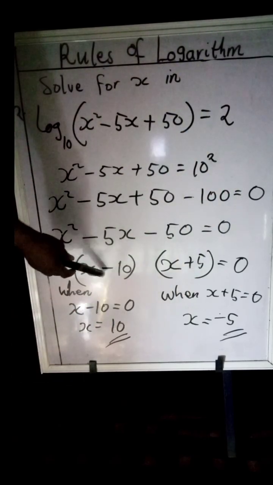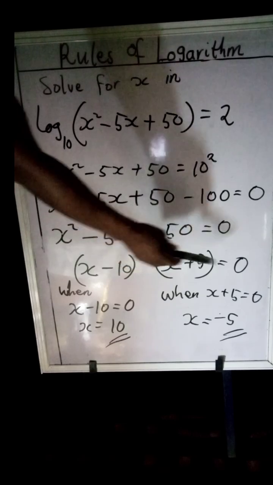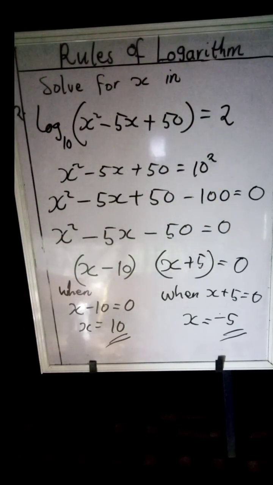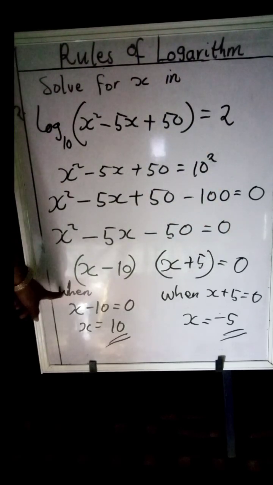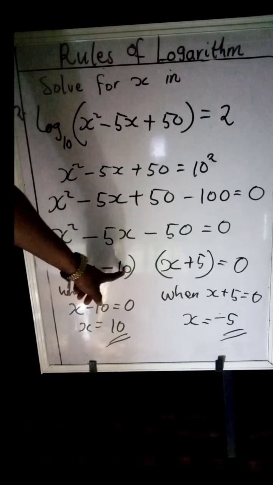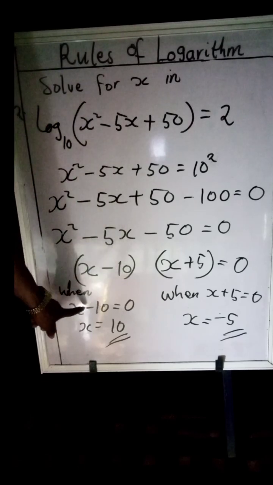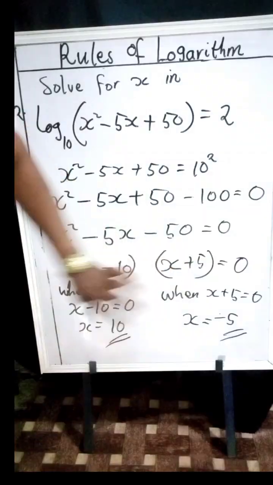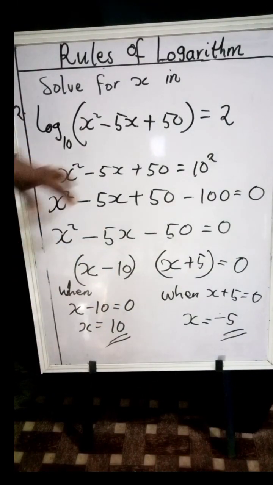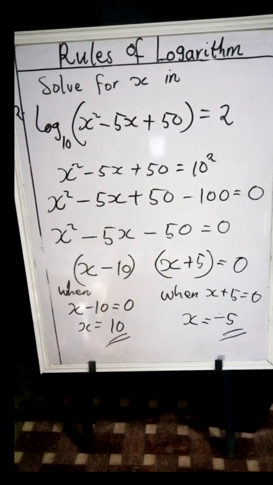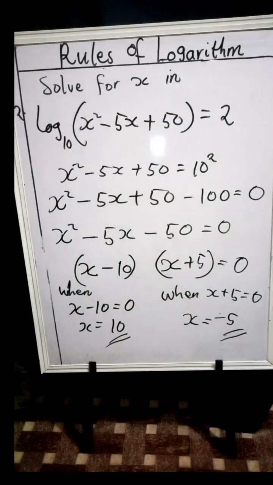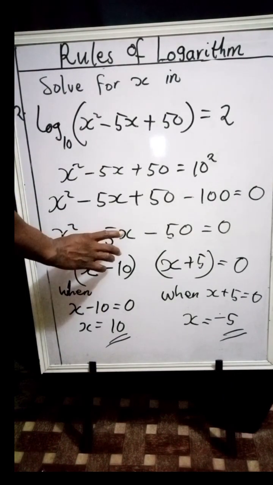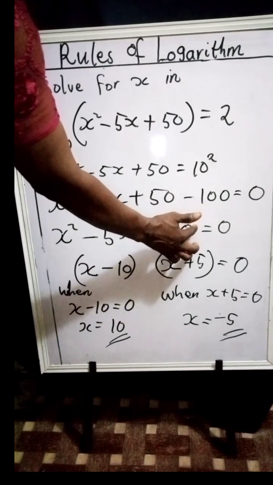One of them is -10 and the other one is +5, such that x minus 10 times x plus 5 is equal to 0, because this is equal to 0, so you replace those numbers. You use those two numbers to replace from here to here.